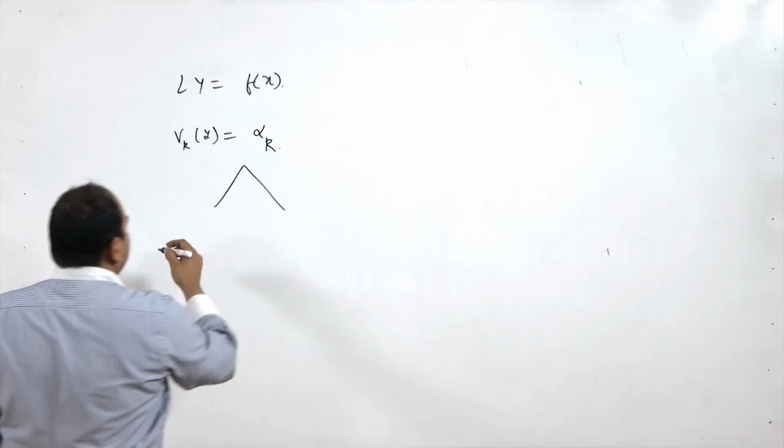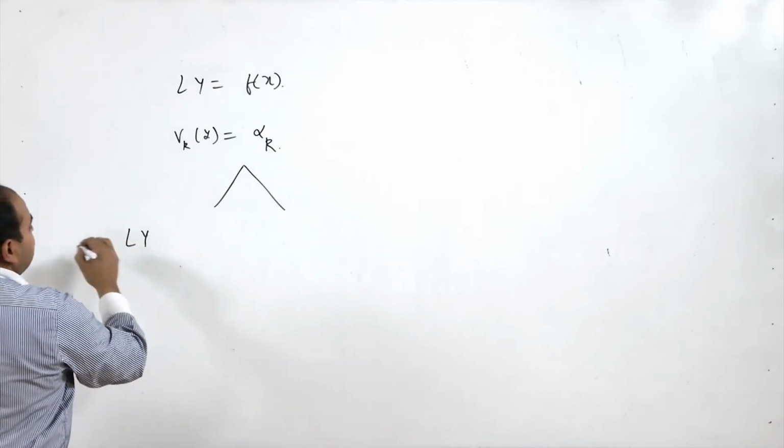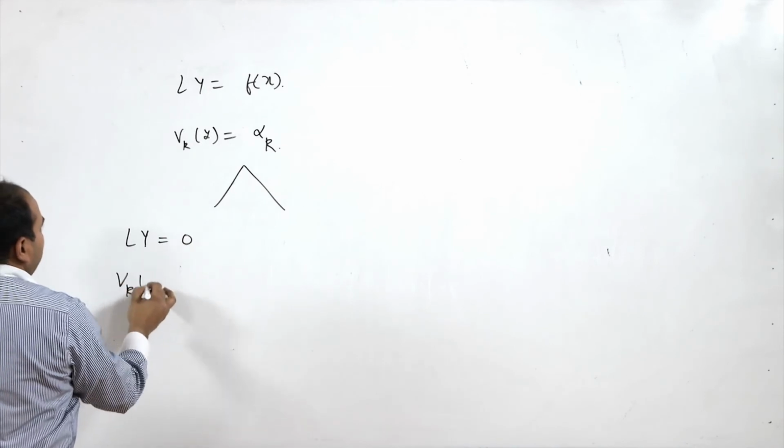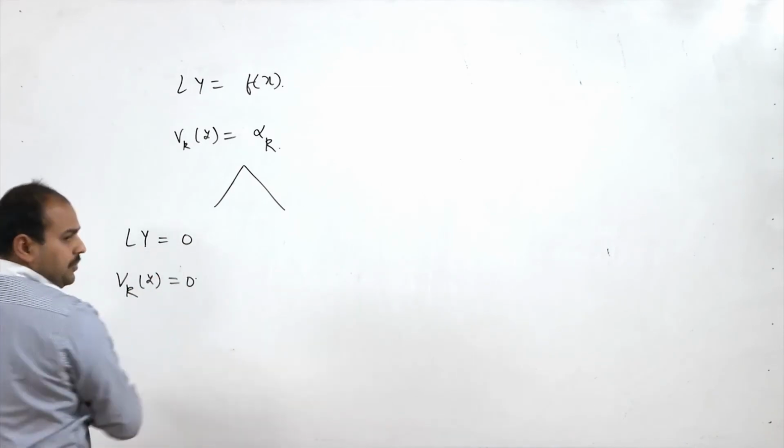What we try to do is construct the Green's function for Ly equal to 0 with the condition that V_k y is simply 0.